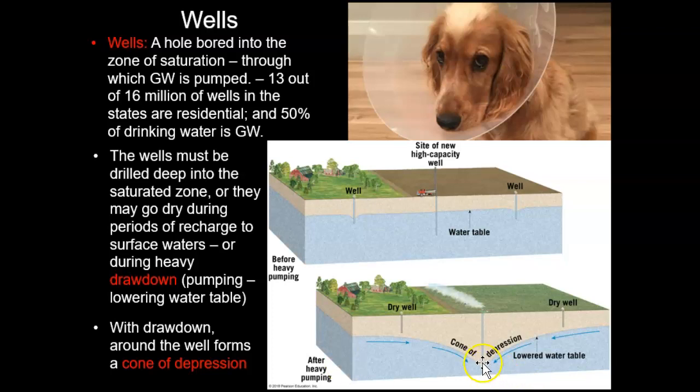So when we're pumping the water out, we are causing drawdown, and there is a lowering of the water table that decreases as you increase distance from the well itself. So again, that phenomenon is called the cone of depression.